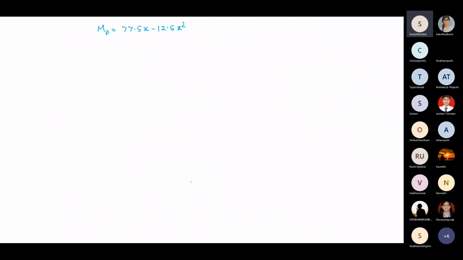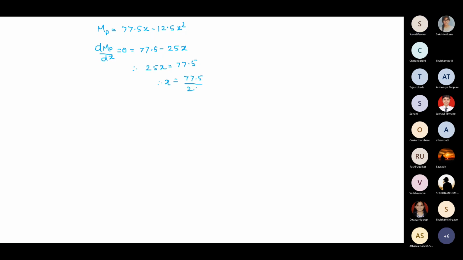77.5x minus 12.5x square. And then we have dMP by dx equal to 0, which is equal to 77.5 minus 25x, and therefore 25x equal to 77.5, and therefore x equal to 3.1 meter.